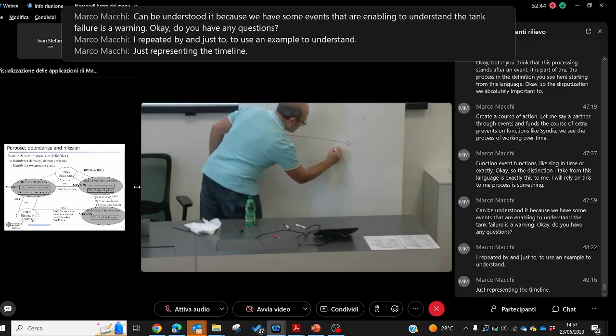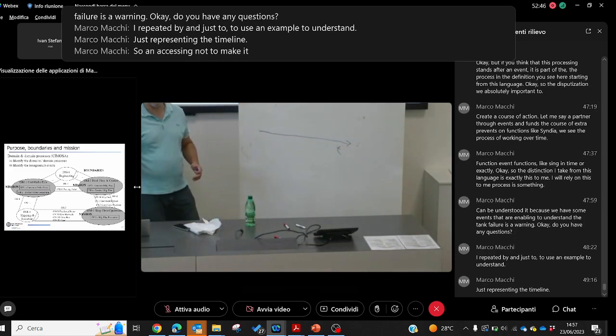So an axis in time, not to make it in a formal language, in the sense of graph, but just to think.